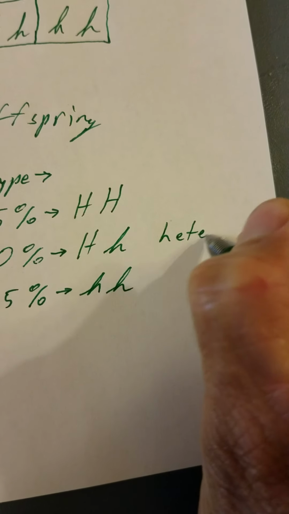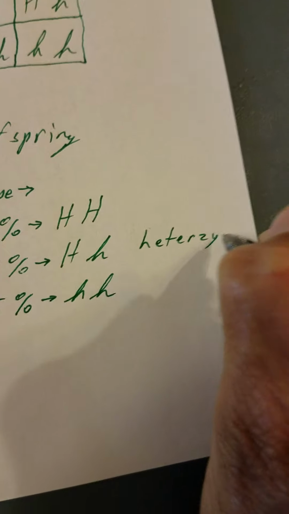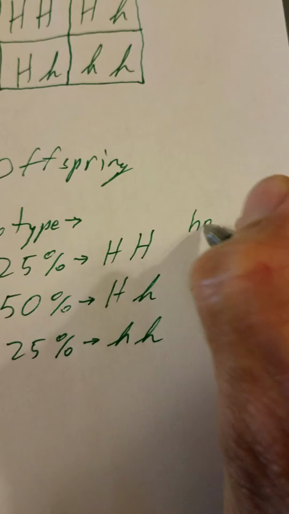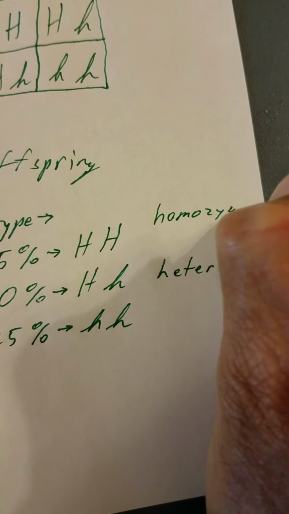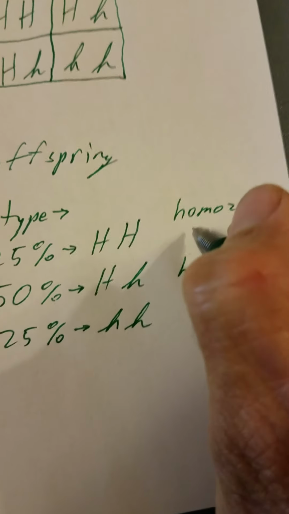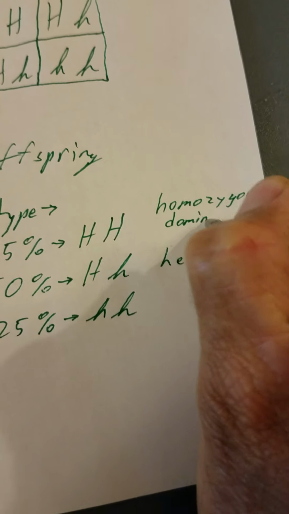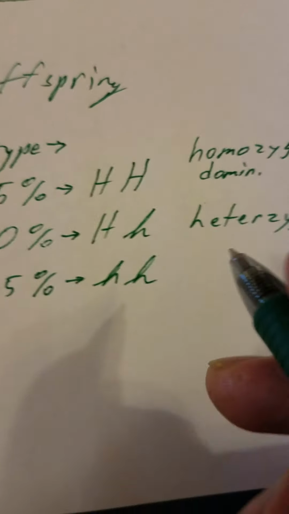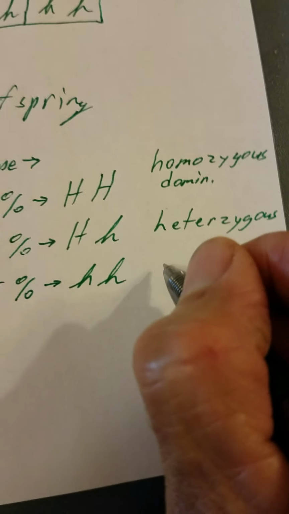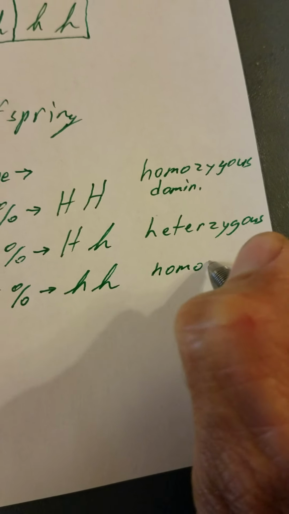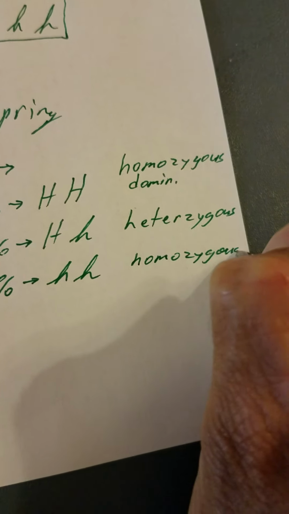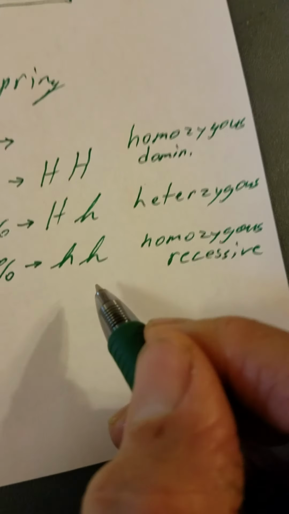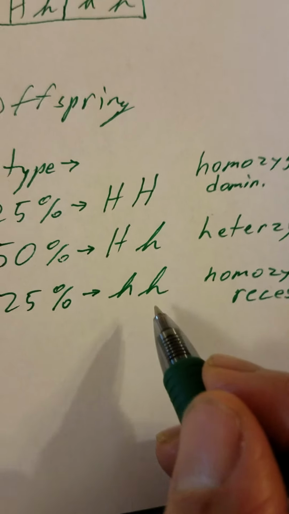When you got one of each, that's heterozygous. Okay? One of the same is homozygous. And in this case, it's dominant. But every child they have has a 25% chance of having 2 little h's, which is homozygous recessive. Okay, because it's got the 2 recessive alleles.